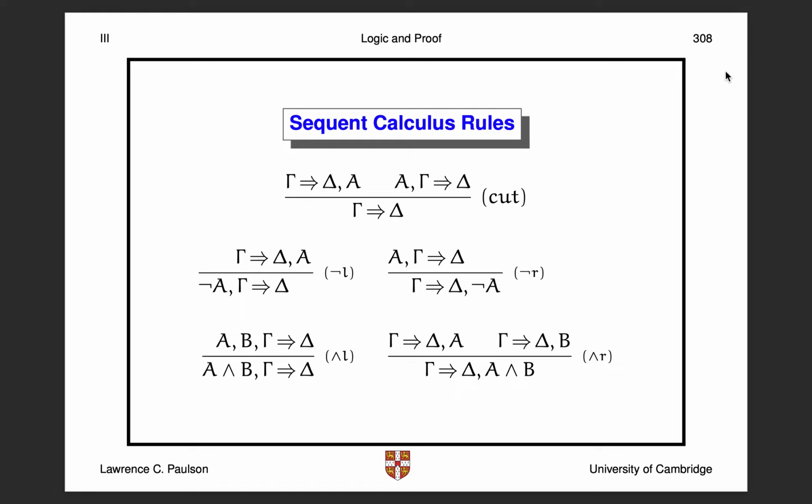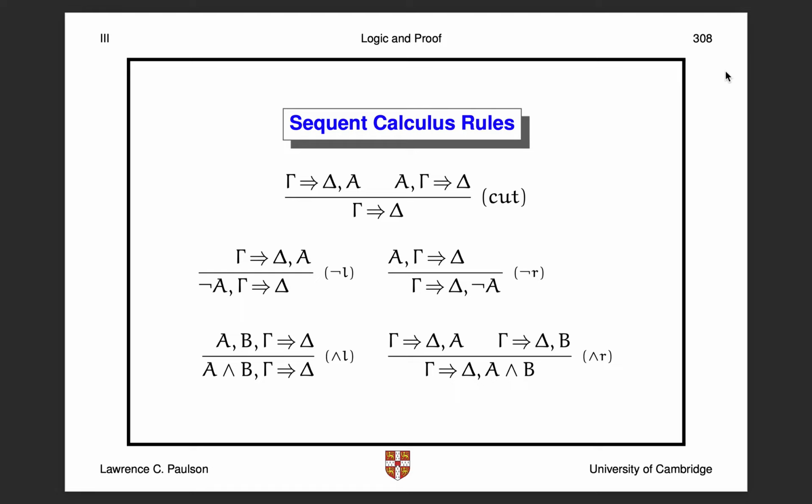That is, this conjunction rule seems basically to be saying that if I can prove A and if I can prove B, then I can prove A and B. The gammas and the deltas are placeholders for the rest of the context, if any. That is, they are placeholders for any other formulas that might be floating around there. But this rule is essentially the same as the natural deduction one.